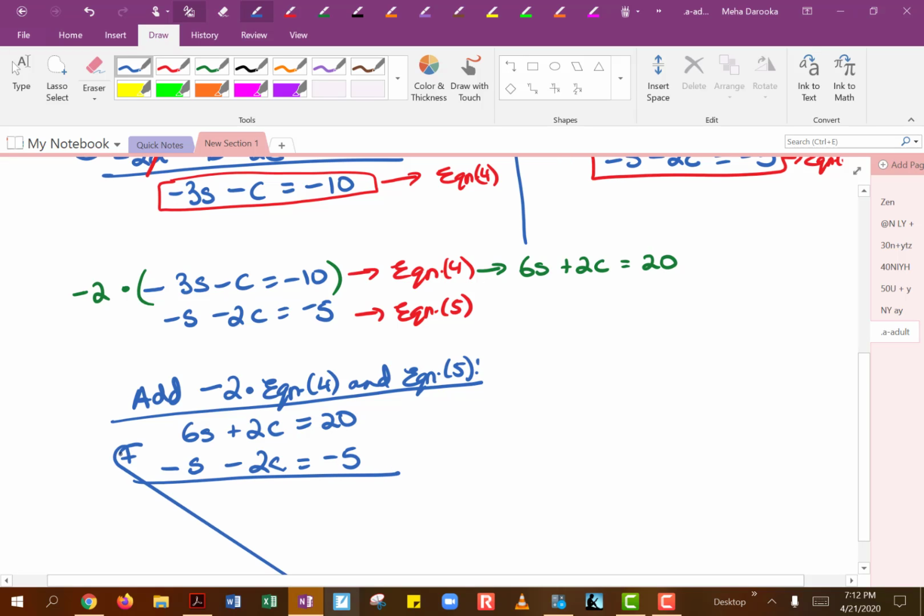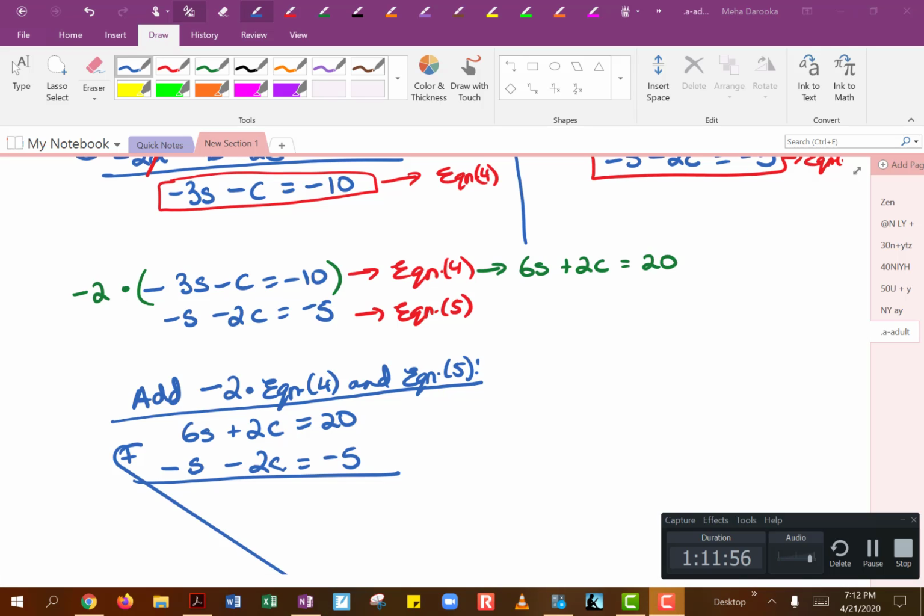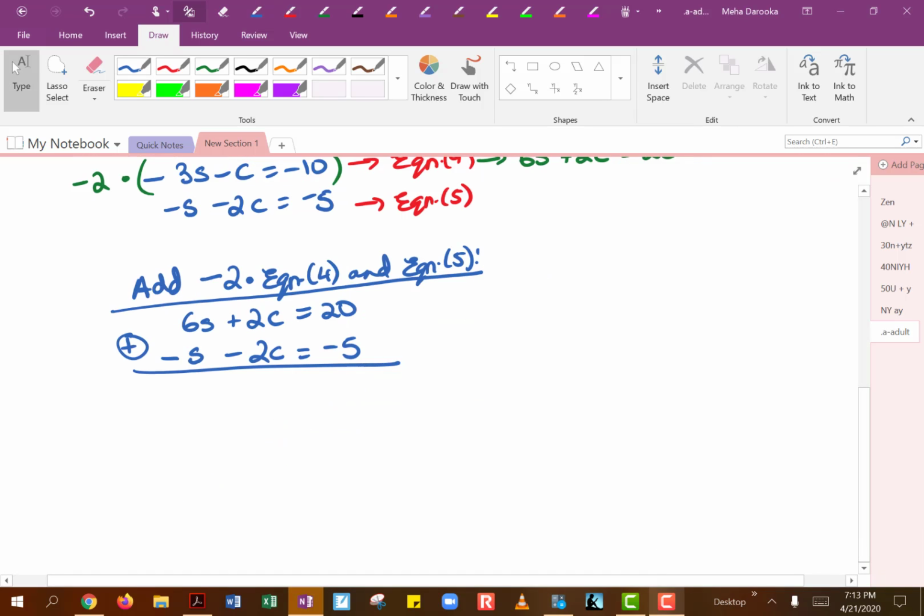When we add these two equations together, your positive 2c and negative 2c will cancel out, and we end up getting 5s equals 15. Divide both sides by 5 to get s by itself, and we get s equals 15 divided by 5, which gives us 3.